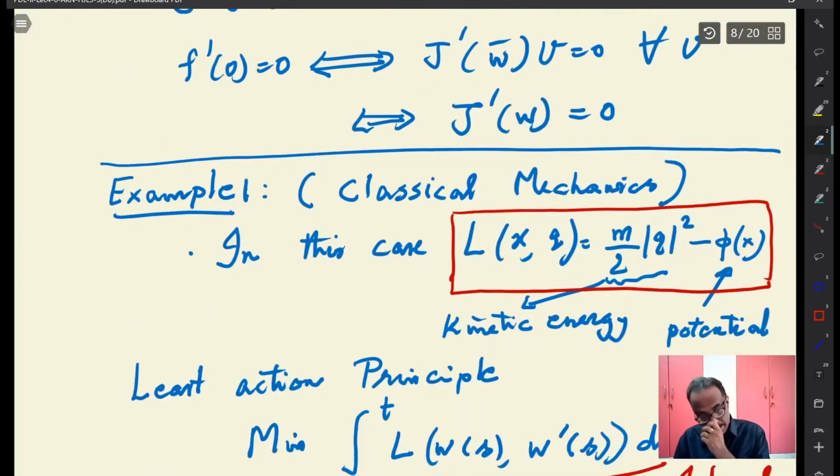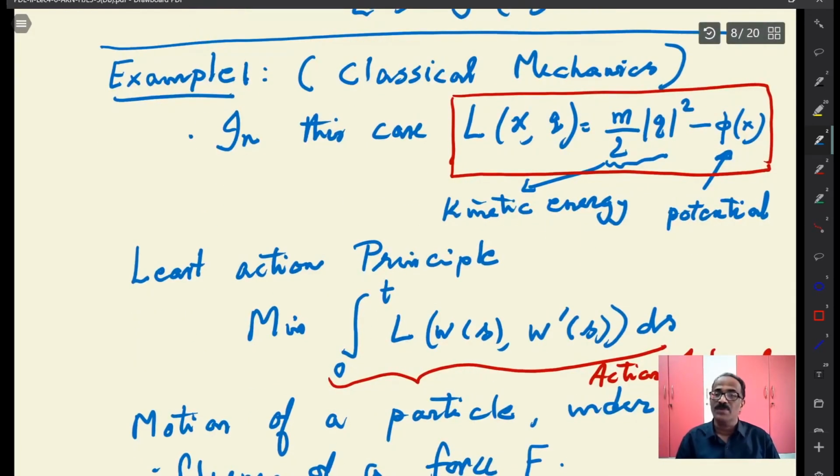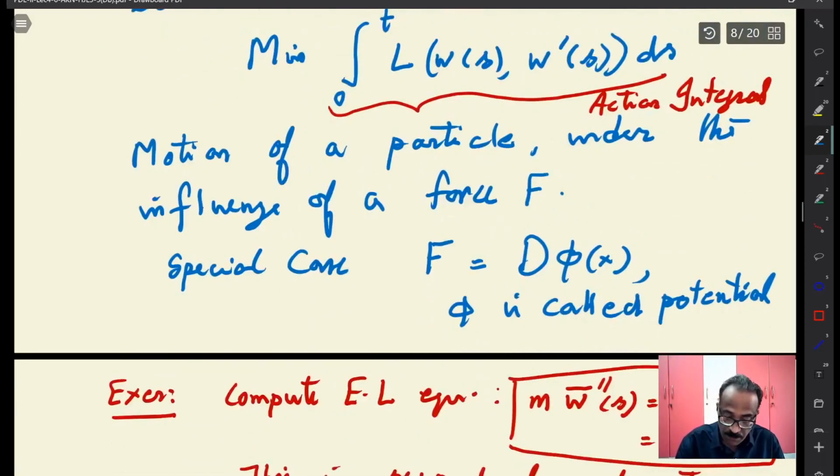One example is the familiar classic problem from classical mechanics, where L of x, q follows the least action principle minimization, and L is nothing but the difference of kinetic and potential energy, which is the motion of a particle under the influence of a force.